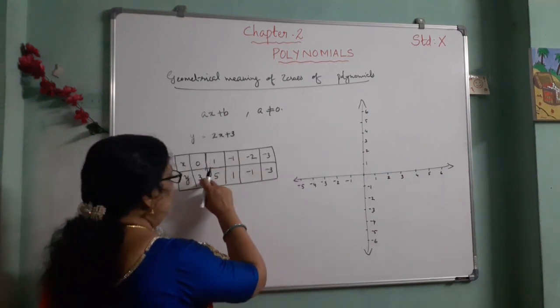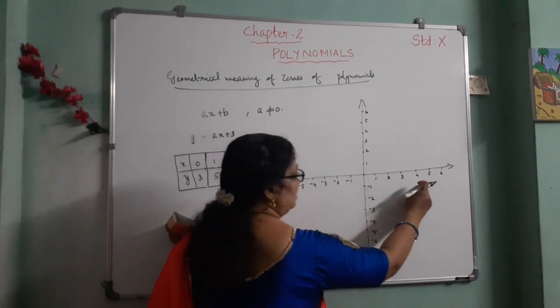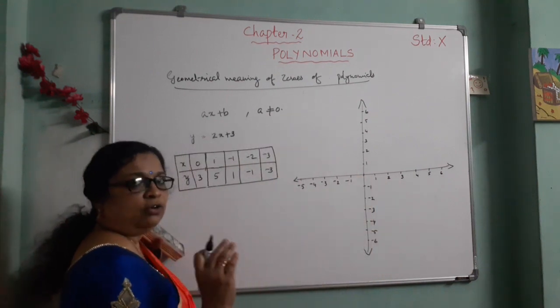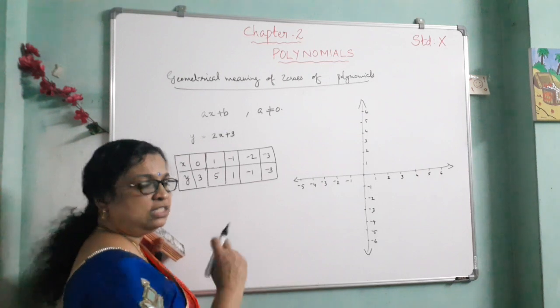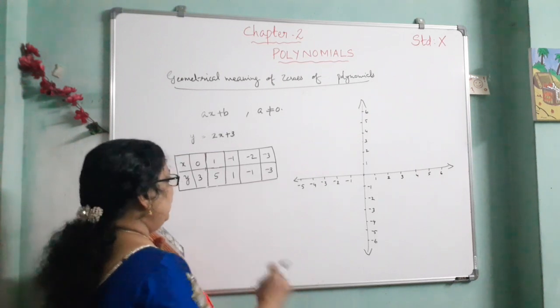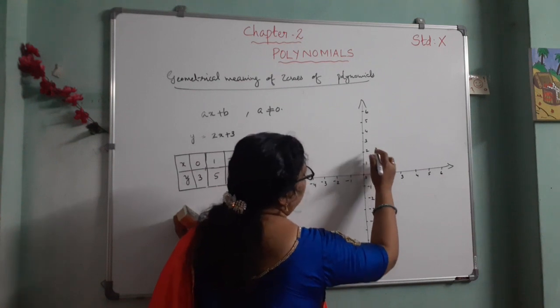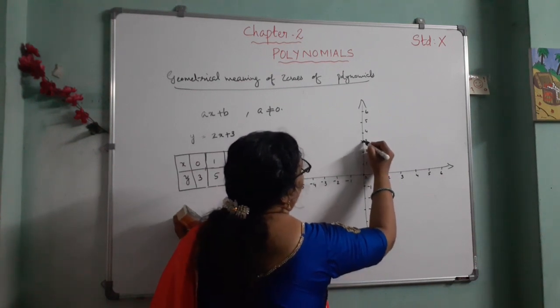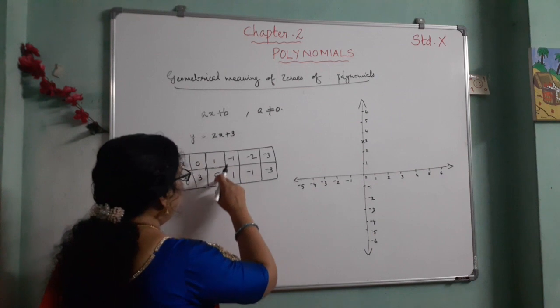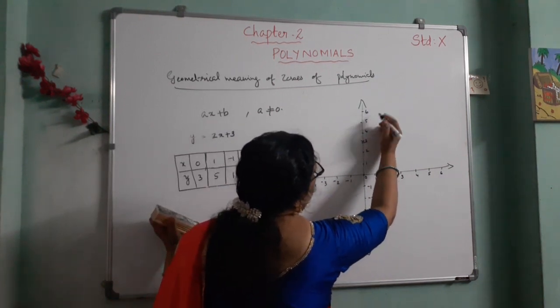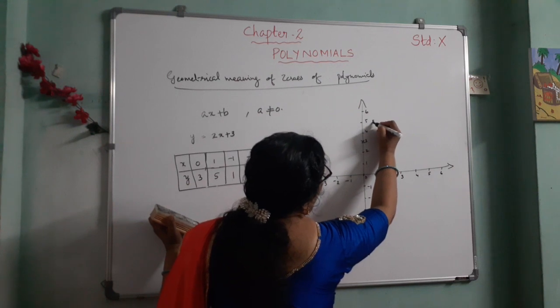Then the point 0 and 3: x equal to 0, y equal to 3. Since the x coordinate is 0, that point is on the y-axis. X is 0 here and y is 3 here. So this is the point we mark. And then 1 and 5, x equal to 1 and y equal to 5, we get that point here.